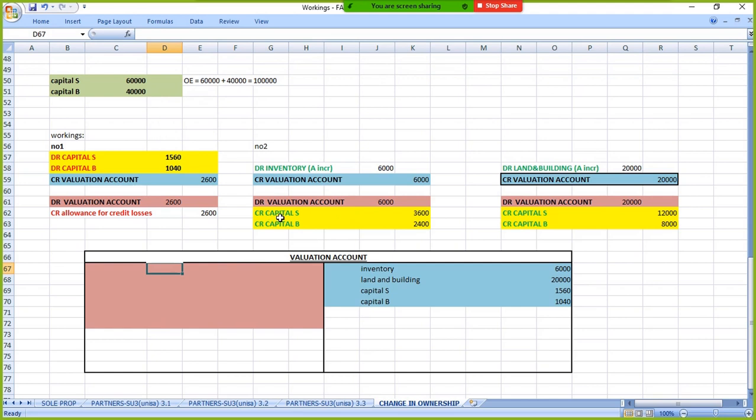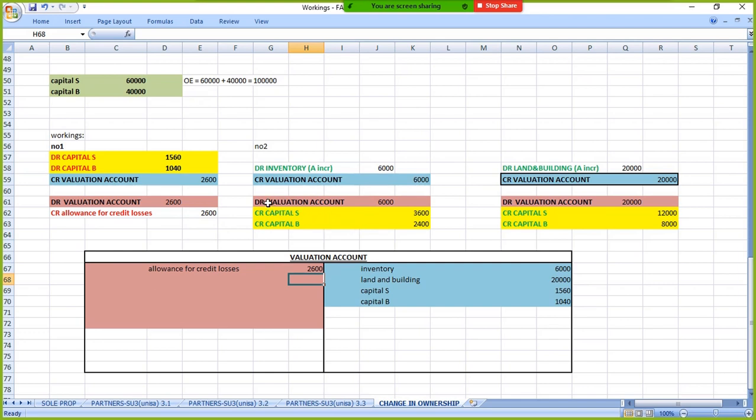Okay, so in valuation, I had the credit allowances for credit losses. That amount was 2,600. Well, what else did I have?